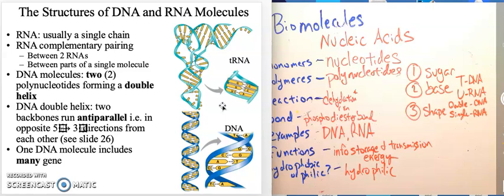Other RNAs have secondary structures where one base in this single strand can complementary base pair with another base in the same strand and fold back on itself. This is the case in tRNAs, which carry amino acids that are used for translation.